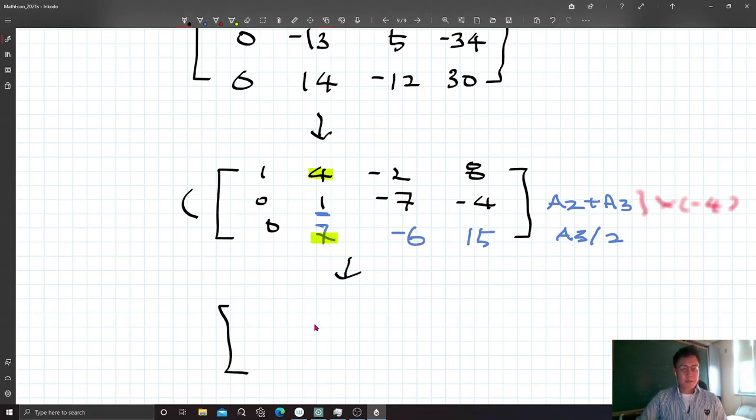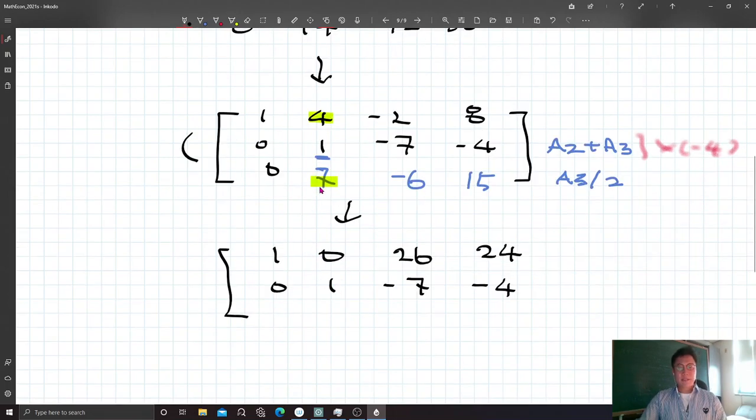Then it becomes 1, 0, negative 7 times negative 4, 28, added to negative 2, then we get positive 26. And this is 24. And 0, 1, negative 7, negative 4. All right. And for the last row, we multiply the second by negative 7.